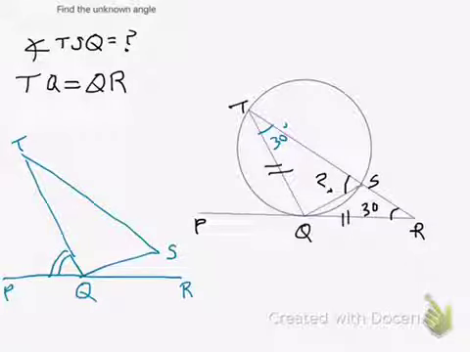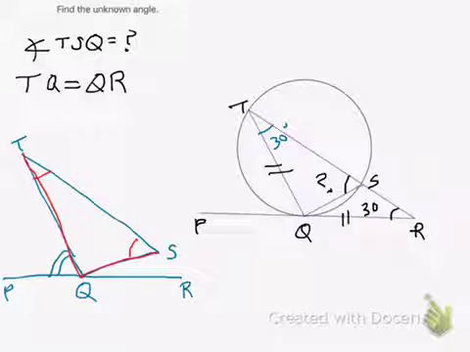So let's look at triangle TQS. We can say just by looking at the diagram that angle QST is greater than angle QTS. I hope you can say it as well. And here also let us look at two chords TQ and QS.